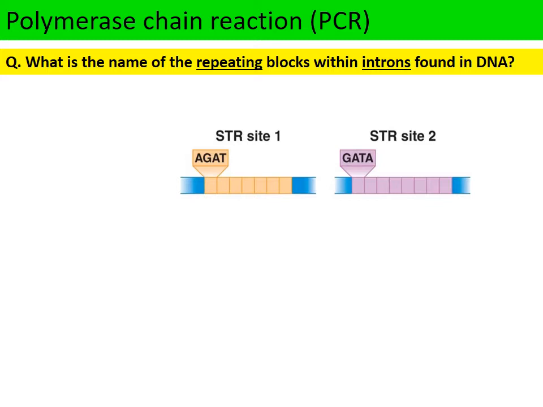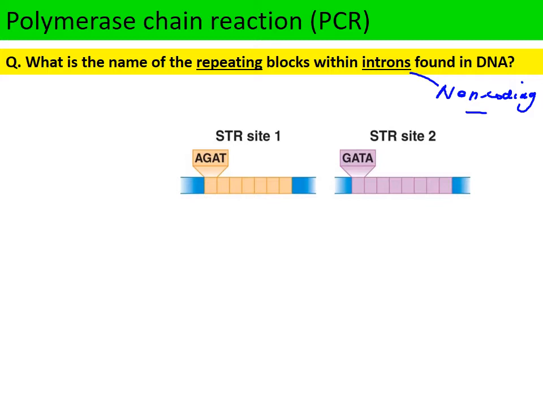Now, introns are non-coding parts of the DNA. So we know there's a sequence of bases, but they just don't code for any proteins or any part of a protein. So we can get introns within a gene or in between genes.